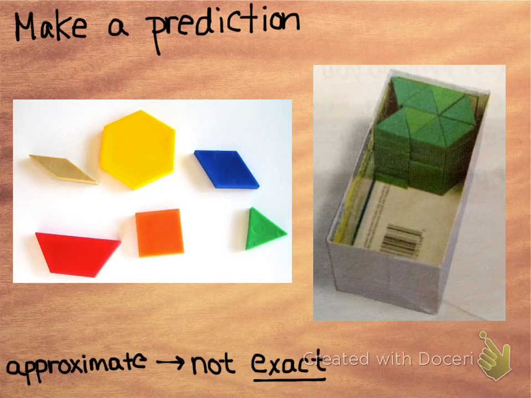Which of these pattern blocks do you think we'd need the most of to fill in this whole rectangular prism? What about which pattern blocks would we need the least of to fill in this rectangular prism? Keep those 2 predictions for when we meet in small group.